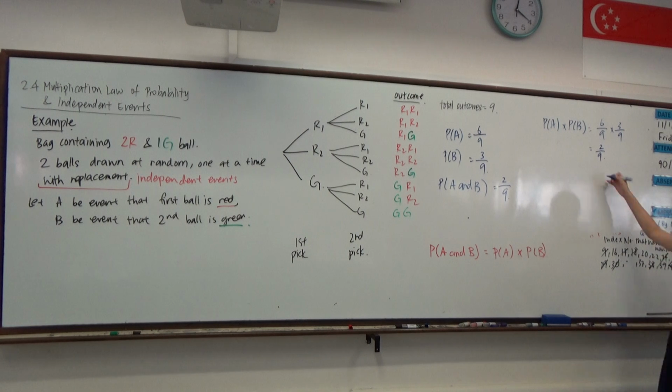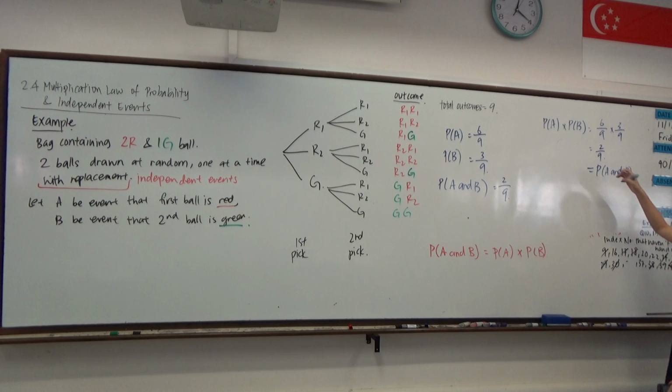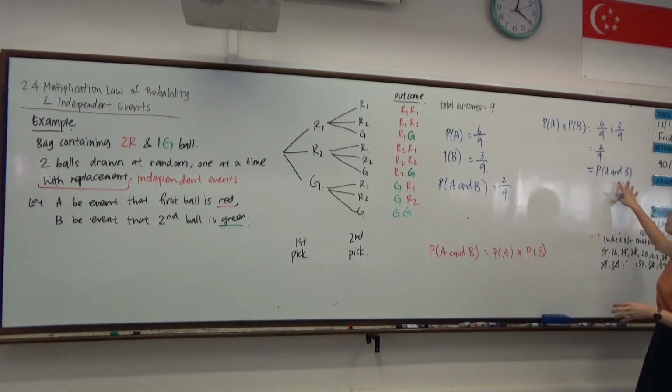Therefore, when it comes to independent events, the probability of A times the probability of B will be equal to the probability of A and B.